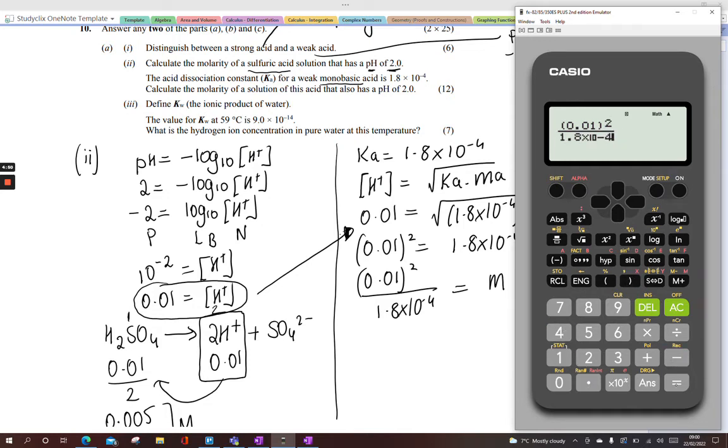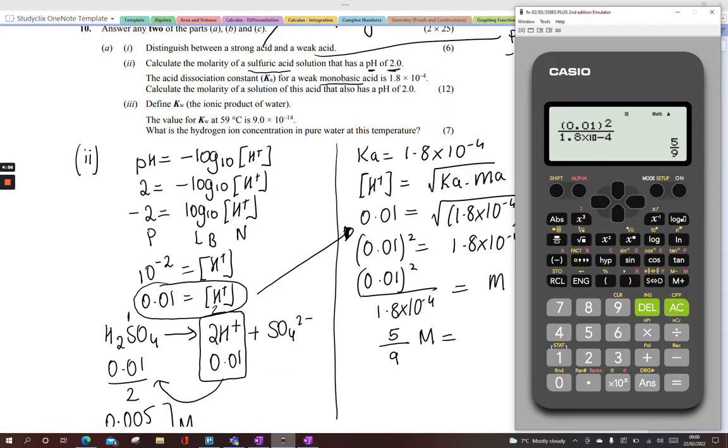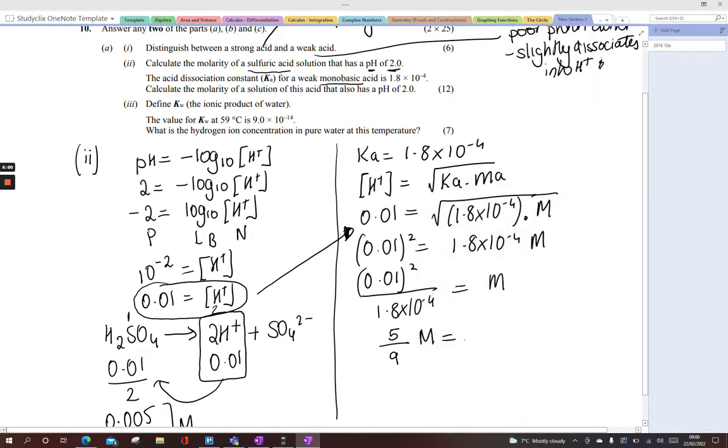And you get 5 over 9 as the molarity. It's going to be a woeful looking decimal, or 0.56, say. And that's it, the molarity of that weak monobasic acid. And then in part 3, to find Kw.